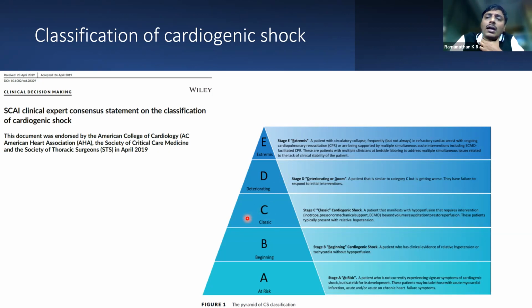So essentially, as a bedside clinician, when I deal with a patient with cardiogenic shock, this particular consensus statement helps me in many ways. One, it helps me in deciding at what stage I should start proper intervention, and what all I need to monitor at the various stages.